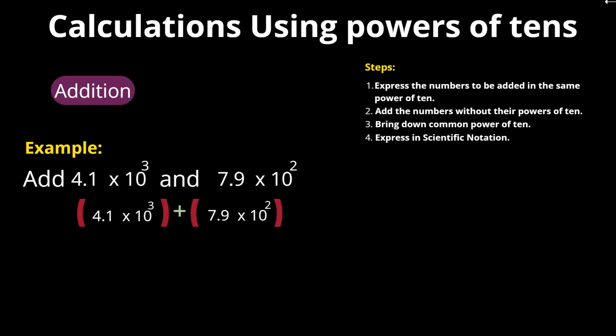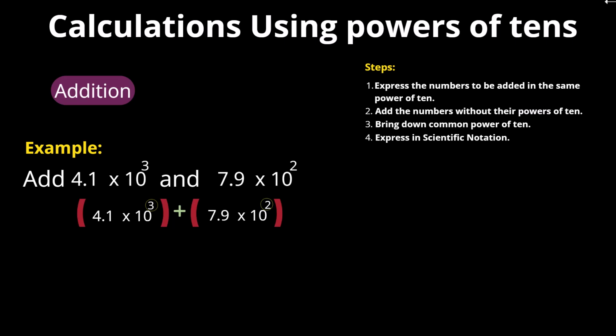Okay, let's add these two numbers. We have 4.1 times 10 to the 3rd power and 7.9 times 10 to the 2nd power. Let's look at the exponents. As I said, let's always decrease positive exponents.